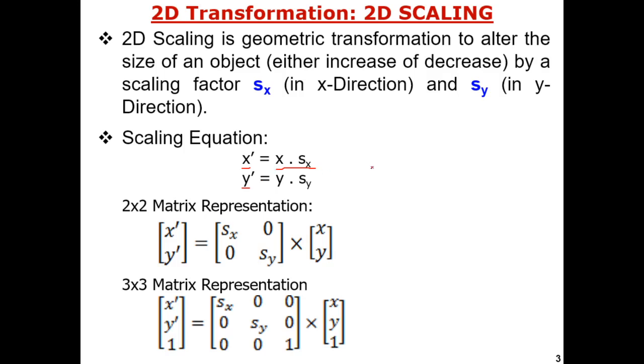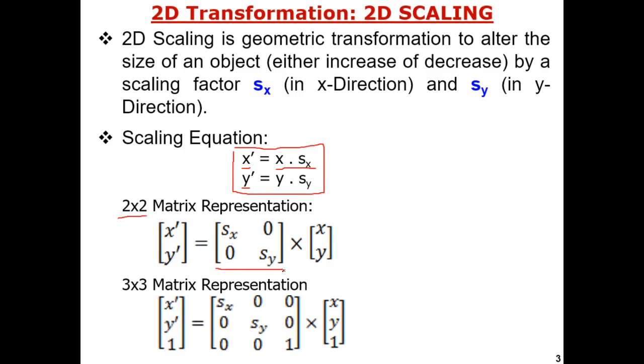In the previous video I told you that translation is based on addition: adding the translation factor to the vertices gives the new positions. But here it is multiplication. Then how will this equation be written in two dimensions, as a 2 by 2 matrix?